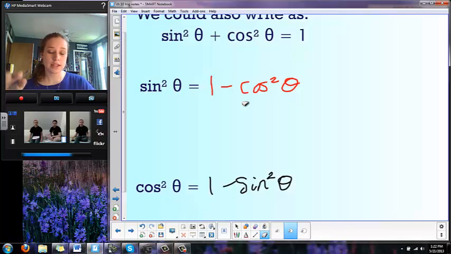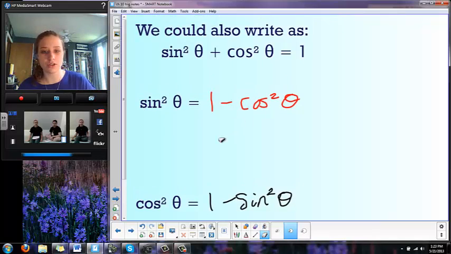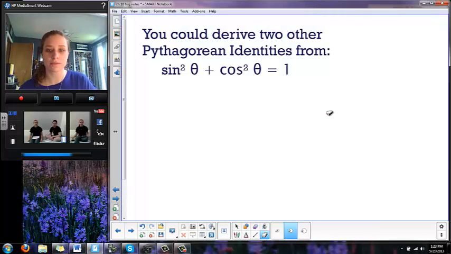You're going to see examples of when we're writing equations and we only want to have one variable, so maybe there are both sines and cosines in there, and you can use these two equations to rewrite sine in terms of cosine, or rewrite cosine in terms of sine, so that we're left with one kind of variable in the equation. And I know it sounds a little bit weird because you haven't seen an example, but I promise that this stuff is not that hard.